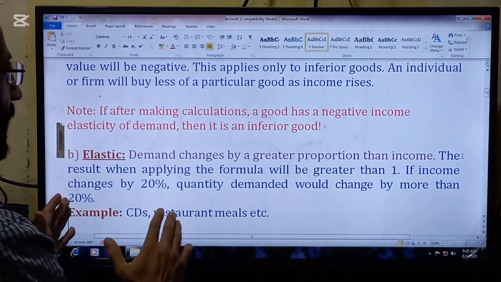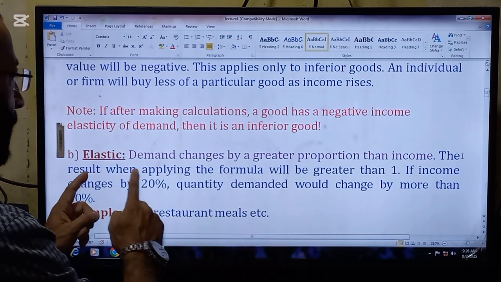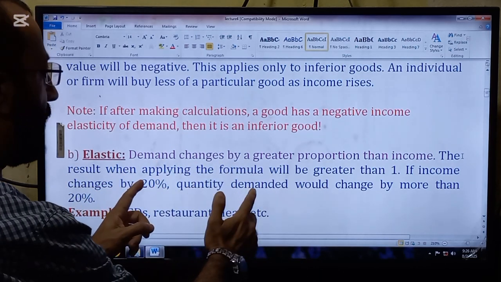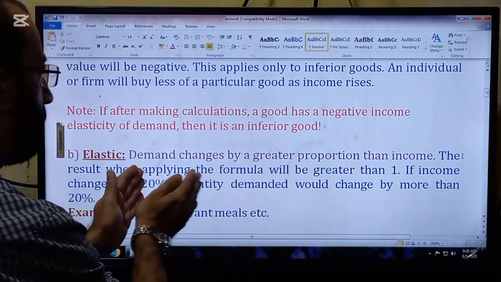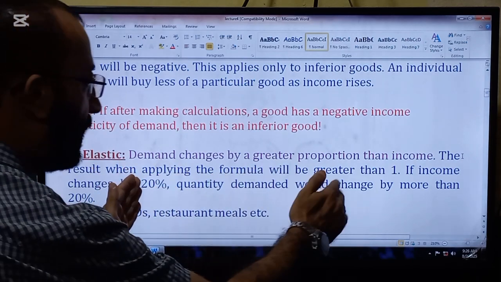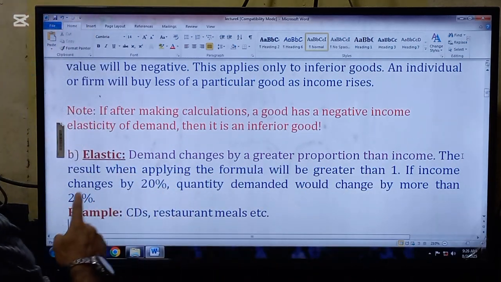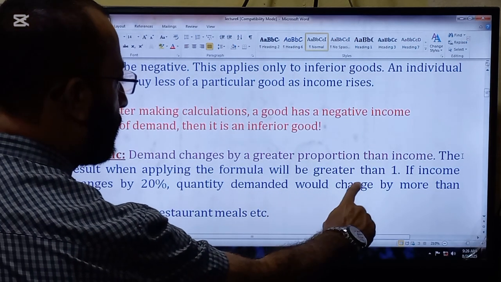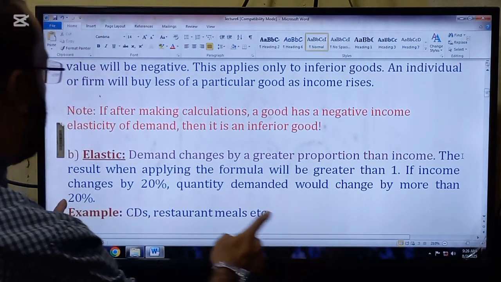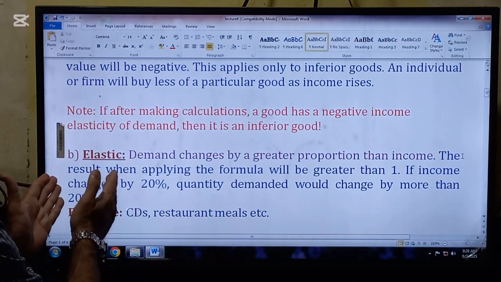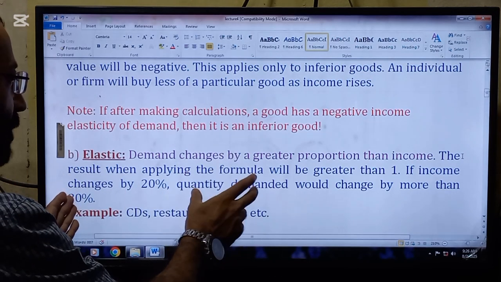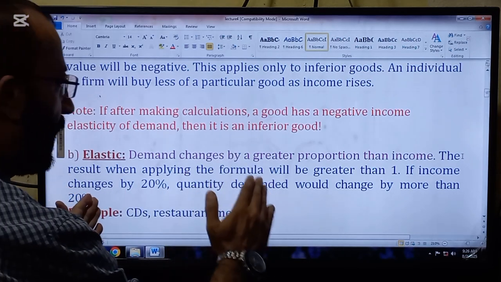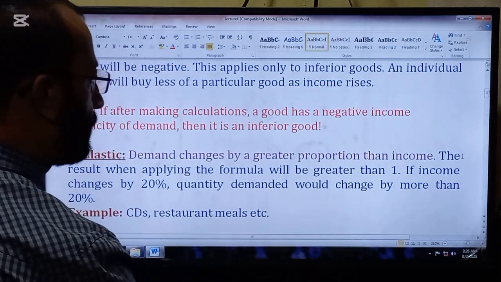So when the income rises, there will be a greater change in the proportion of the quantity demanded than income. The result when applying the formula will be greater than 1. So this is the sign of the goods to be elastic. When the values are put in the formula, the answer will be greater than 1.